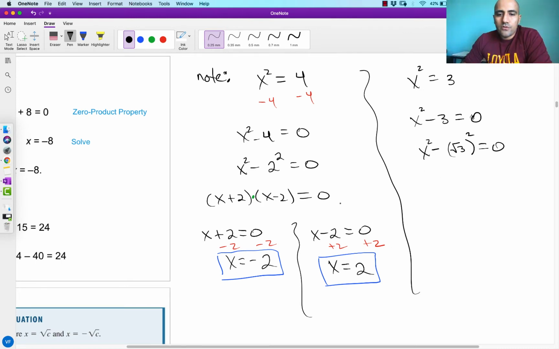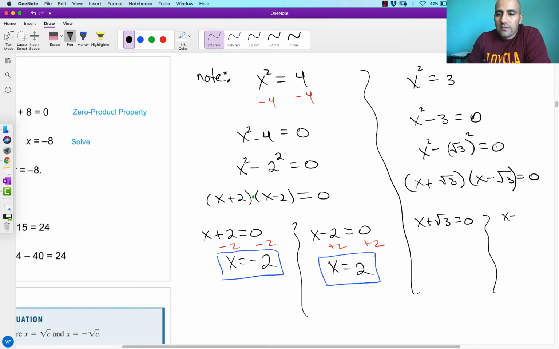And now we can use the difference of squares to separate this as x plus root 3 and x minus root 3 equals 0. And now we can break this up into pieces. So either x plus root 3 equals 0, or x minus root 3 equals 0.